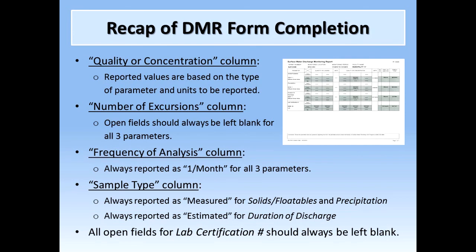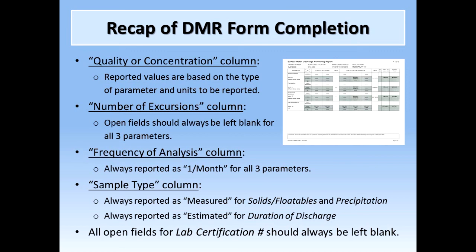Let's recap completion of a DMR form. As we have seen, reported values under the quality or concentration column are based on the type of parameter and its required units. All open fields under the number of excursions column should always be left blank when reporting on all 3 parameters. In addition, the frequency of analysis for all 3 parameters should always be reported as once per month.